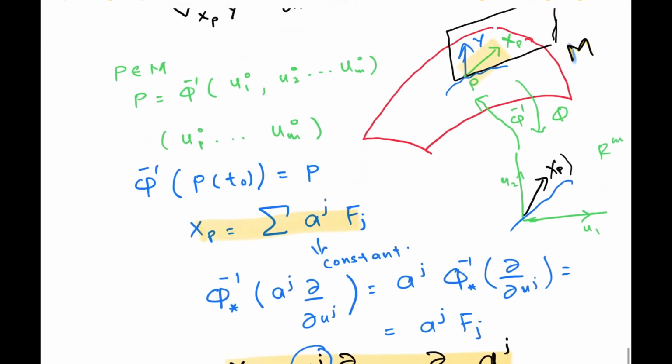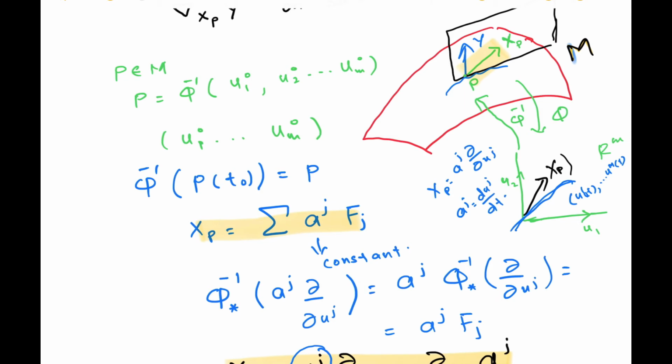If I have this curve and I differentiate it, this curve can be represented by u1t up to umt, and when I differentiate this curve, xp will become aj partial uj, and this aj will be duj by dt.